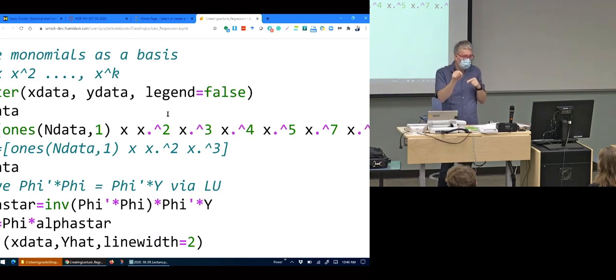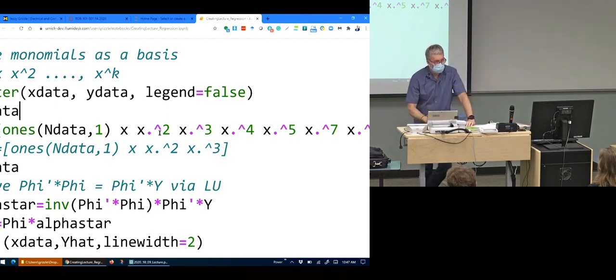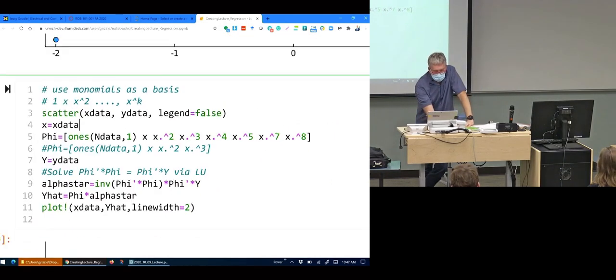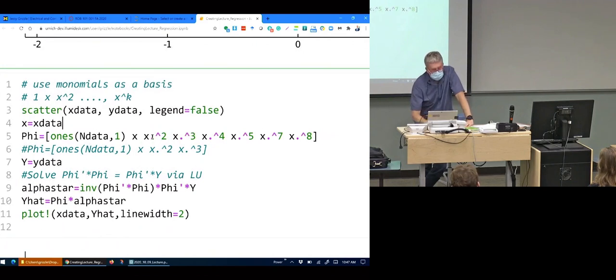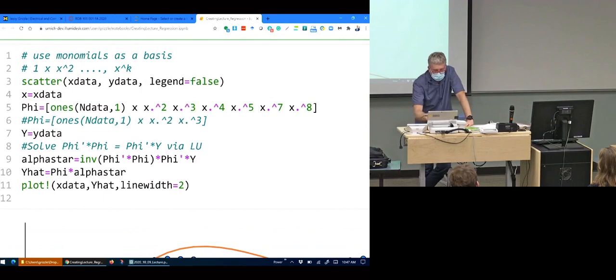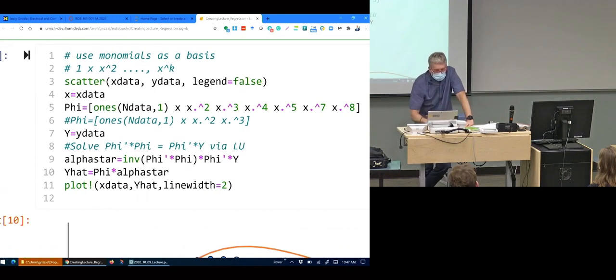You go sine dot of the vector, then it does sine of every single component. So the dot says, do the operation on each of the components. If you don't want to use the dot, you need to put a for loop and do each of the rows. That's fine. So you can build it by rows, and I'm just building it by columns, okay? And I use this vectorized ability in Julia, in MATLAB, and almost all of these nice languages, okay? Cool.